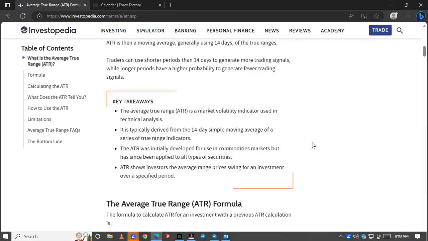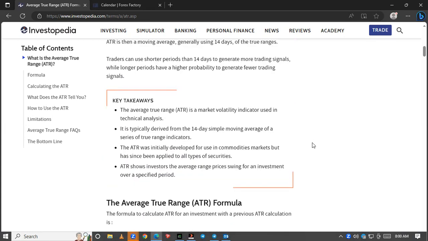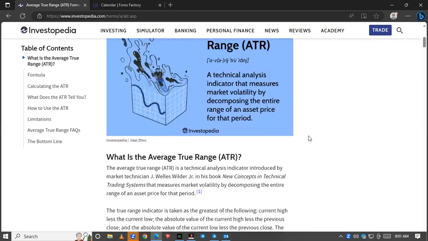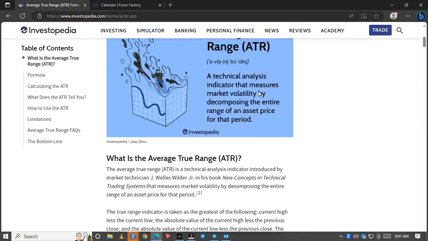The key thing you need to take away from this indicator is that the average true range is a market volatility indicator. It is used in technical analysis, of course, and in most cases the key use is to measure the market volatility by decomposing the entire range of a specific asset price for that period.